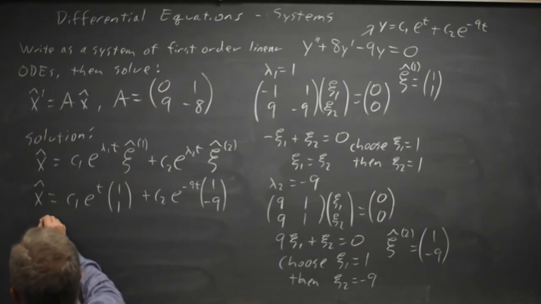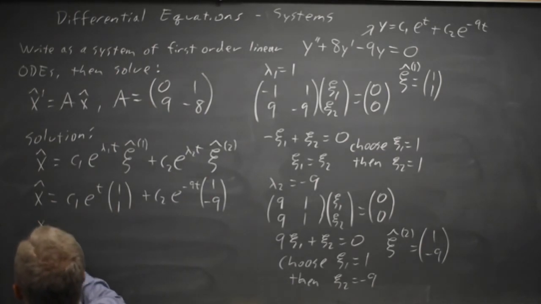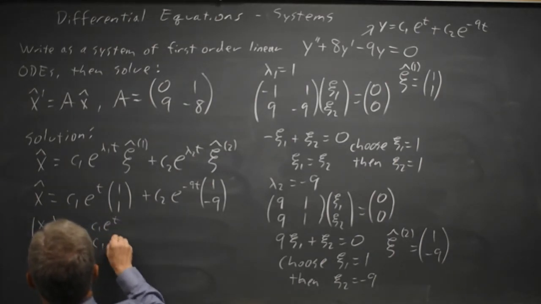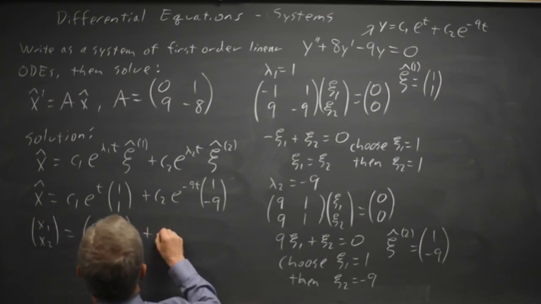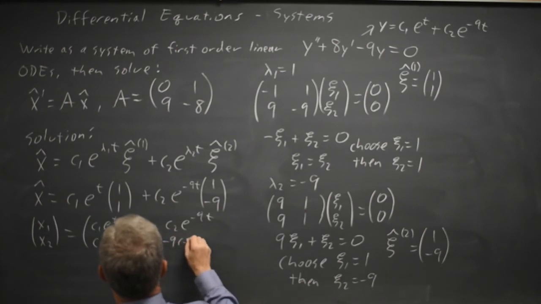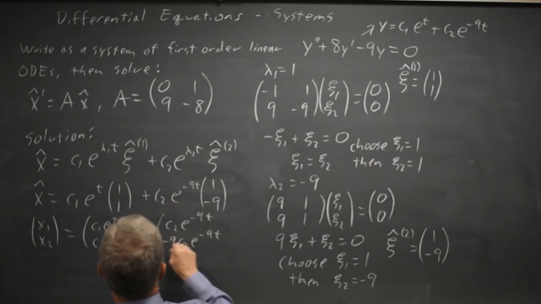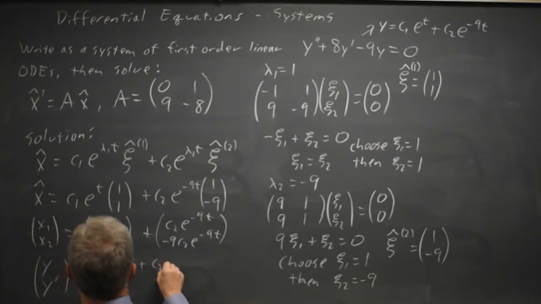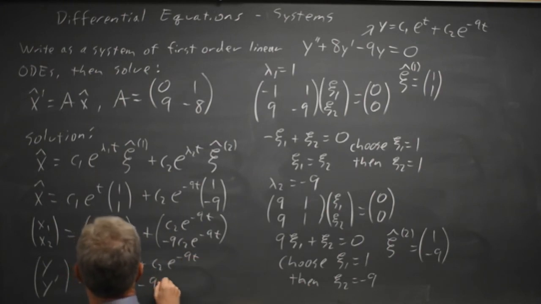That's x, which is x1, x2, equals c1 e to the t, c1 e to the t, plus c2 e to the negative 9t, negative 9 c2 e to the negative 9t. x1 was originally y, and x2 was originally y prime, and that's c1 e to the t plus c2 e to the negative 9t, and c1 e to the t minus 9c2 e to the negative 9t.